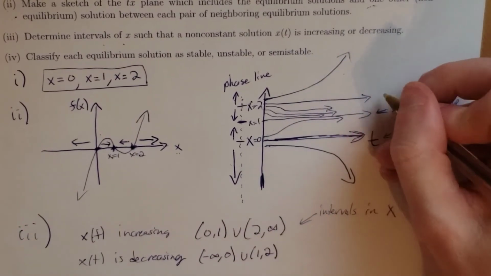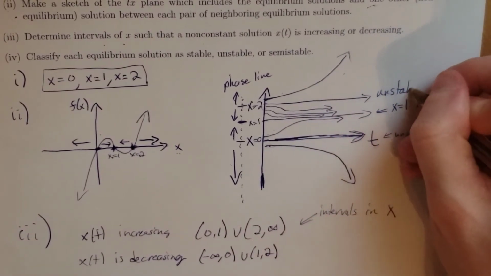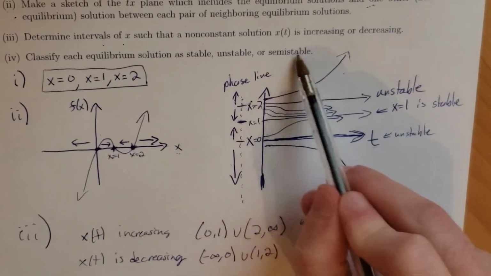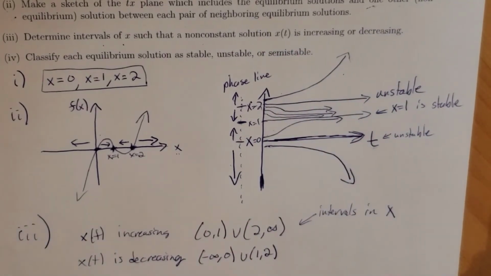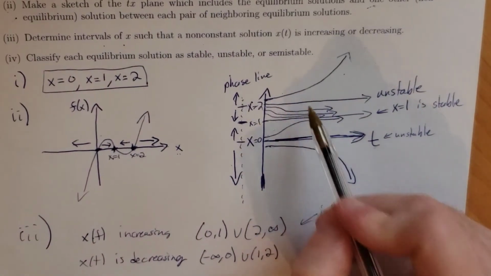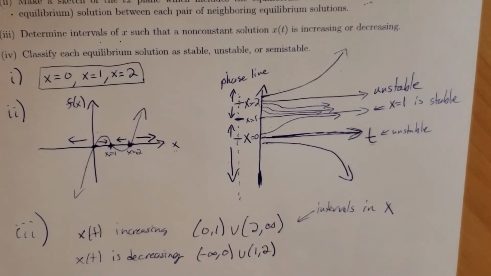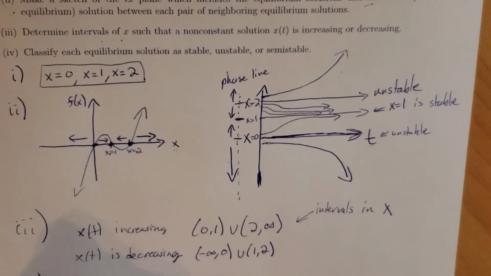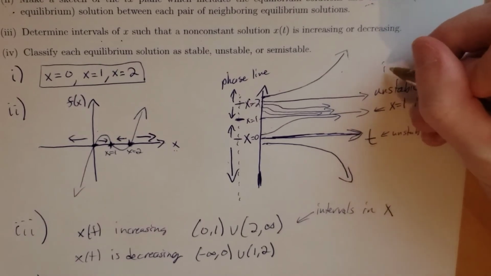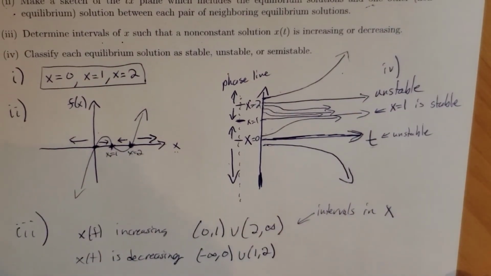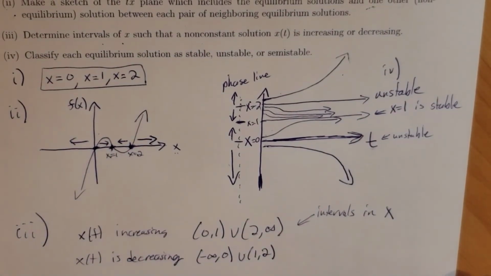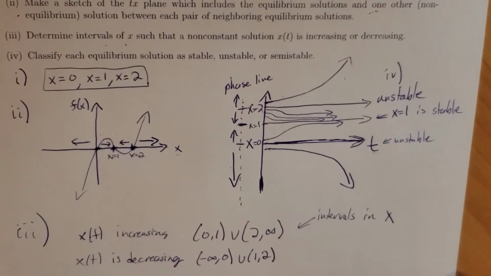And this one up here is unstable as well. Semi-stable would occur if one side was approaching and the other side was moving away. All right. And so that's how we answer part 4 here. And that is it for that example. We have one more example we're going to do.